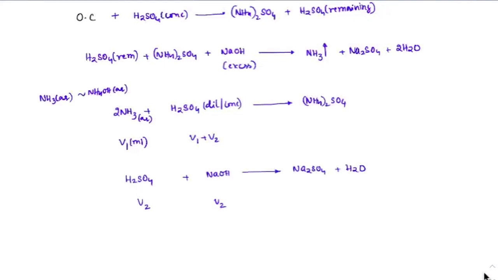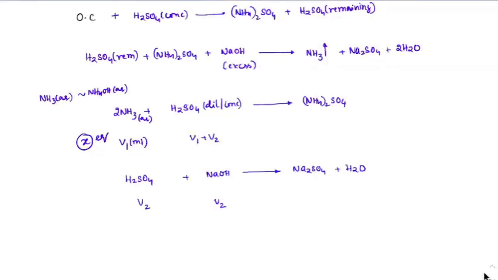Suppose there are X equivalents of ammonia, and here there are Y equivalents of H2SO4. The amount of H2SO4 required for X equivalents will be X only. The amount which is Y minus X will be titrated with NaOH. I hope that is clear, everyone.